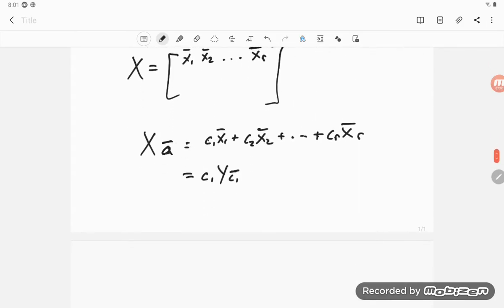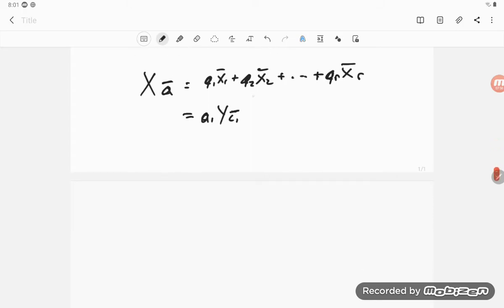So hey, that was an a. Can't fool me. Those were all a's. Okay, so I have an a1, Y, c1 bar, and then similarly an a2, Y, c2 bar, plus all the way out to an ar, Y, cr bar.